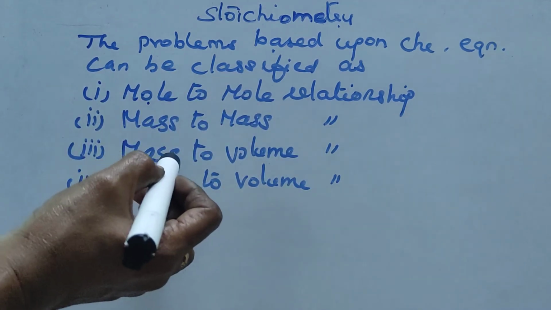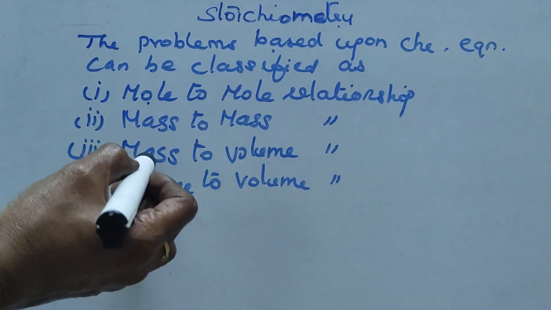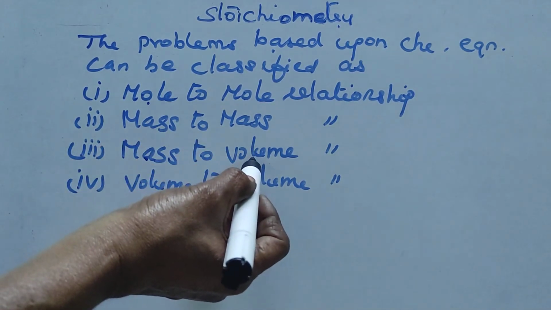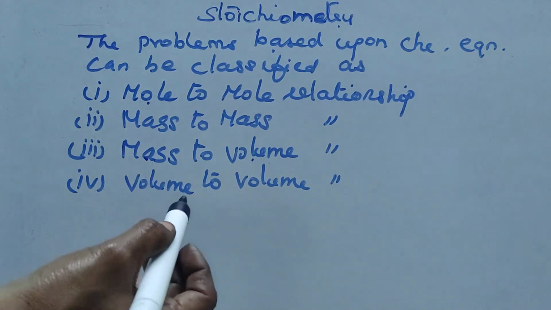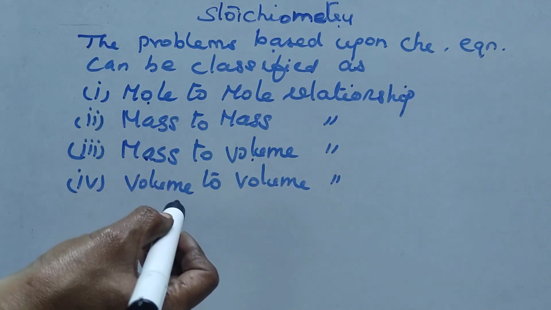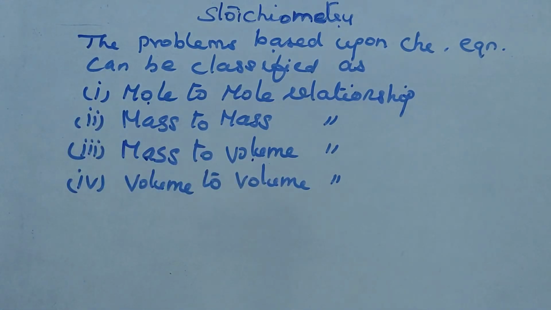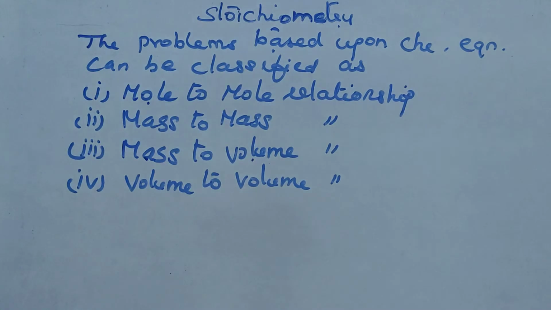Then third one, mass to volume relationship. In this, mass will be given, volume will be asked, or vice versa. Then fourth type, volume of one of the reactants or products will be given, volume of one of the reactants or products will be asked. In this way, different types of stoichiometry sums are possible in chemistry.